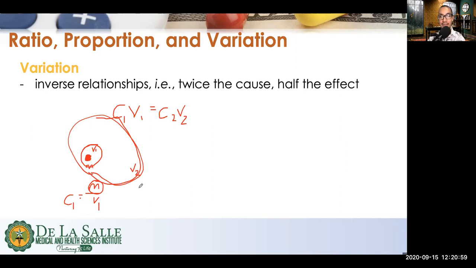So that's where we got this formula na C1V1 equals M, that's the constant, okay? In any volume with a concentration C2 and a volume V2, the mass will still be the same. That's why we have C1V1 equals C2V2. Okay, so doon galing yung dilution concentration formula.